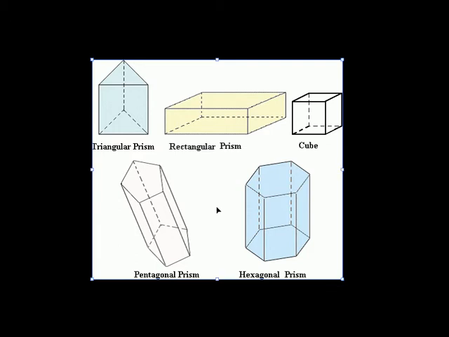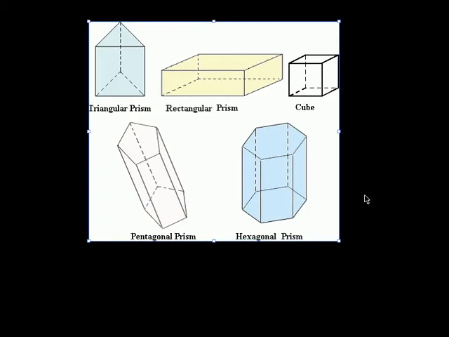Now, let's talk about some specific polyhedrons, and they are these right here that I had earlier. These are all polyhedrons, but look at them. They're all prisms, right? A prism has a base to it, what it's sitting on.